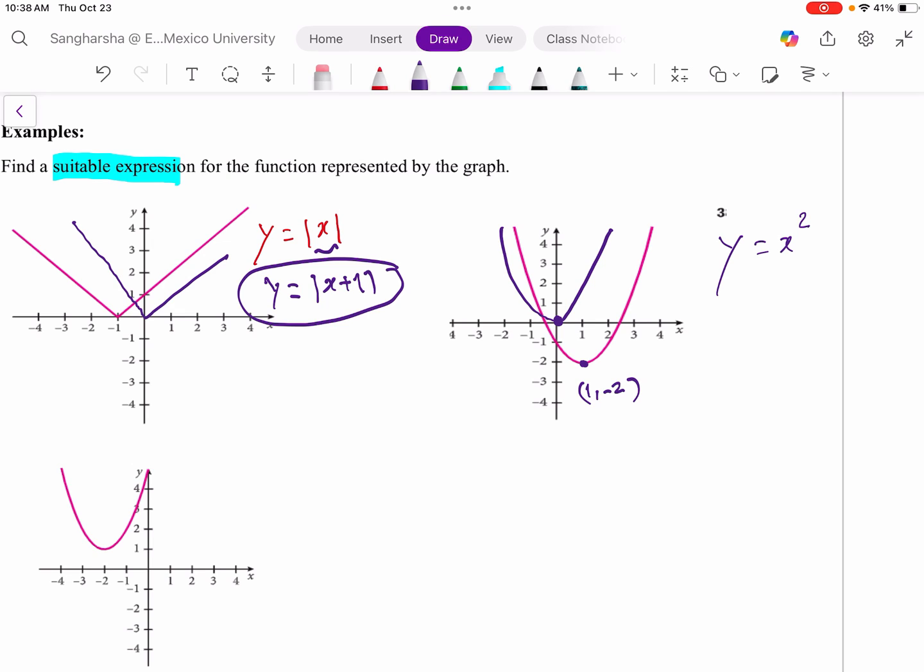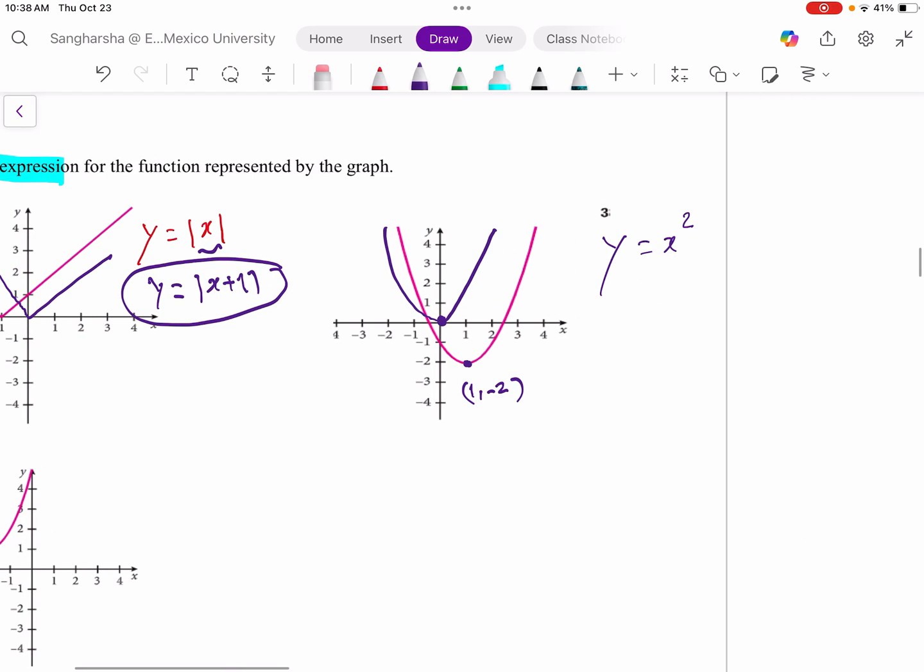How far do we need to go on the right side? 1 unit, right? And how far do we need to go down? 2. What does moving to the right mean? We are replacing x by x minus 1, and going down by 2 units means minus 2. And this is the final answer.